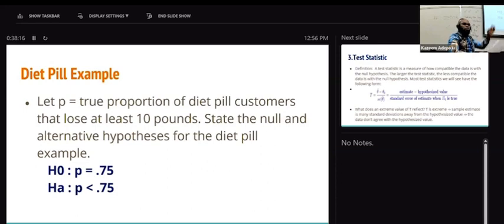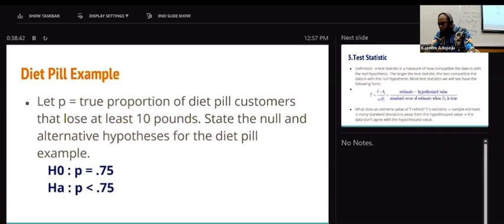So that means the court will start with the introduction of the case, and of course, that will come in form of the null and the alternative, where the null is going to say an accused person is innocent, because an accused person is innocent until proven guilty. So under the null hypothesis is innocent, but the alternative is guilty. Does that make sense now?